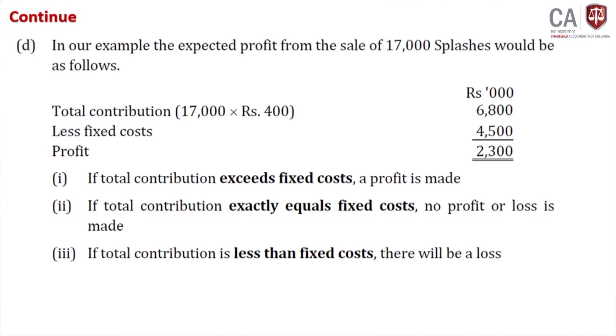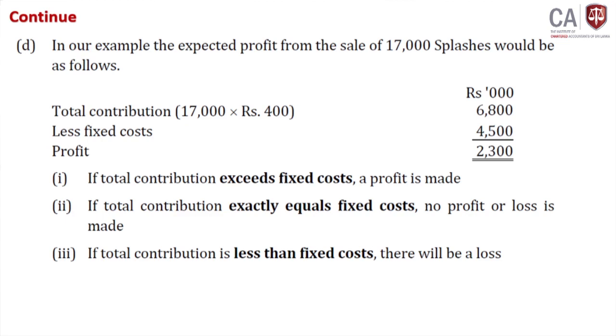So under the 17,000 activity level, the total contribution would be 17,000 into 400, which means 6.8 million.